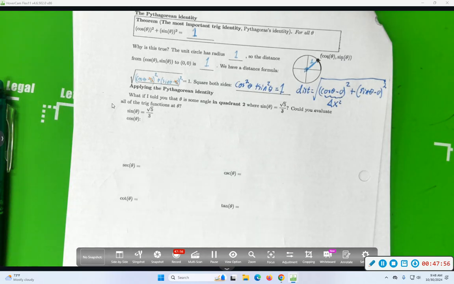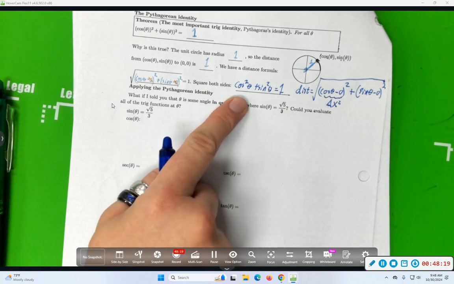So here's why the Pythagorean formula is useful. On the previous page, there were a bunch of examples where you had enough information that you knew sine of theta and cosine of theta. I just told you x and y, and then you computed cosine and sine of everything. It turns out you can be more efficient with your information than that. There's an equation that relates sine and cosine.